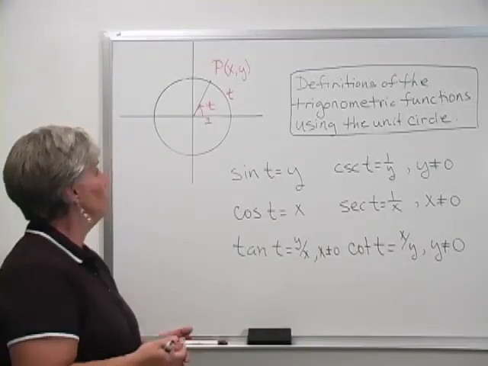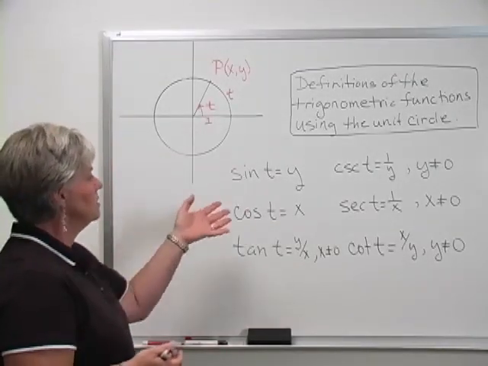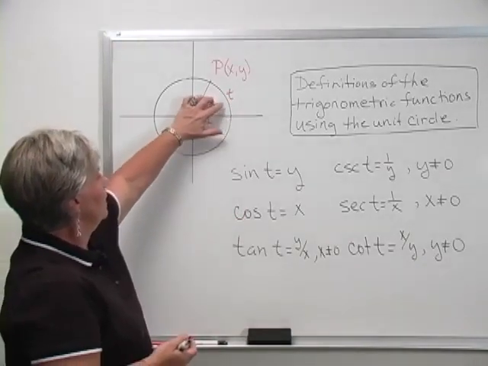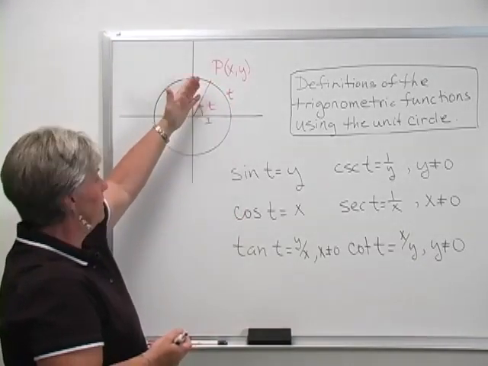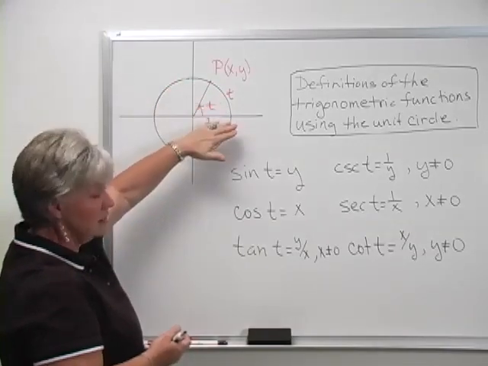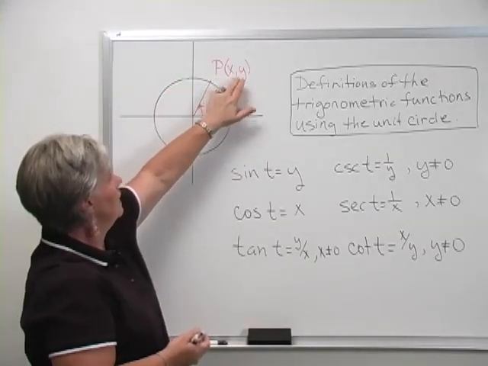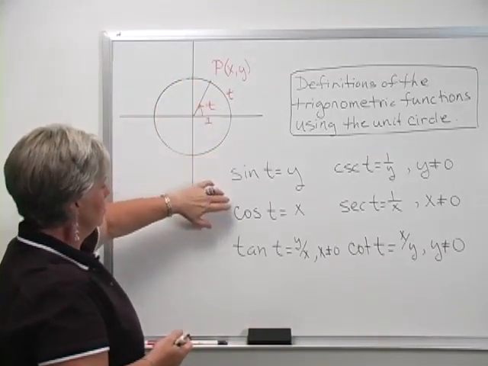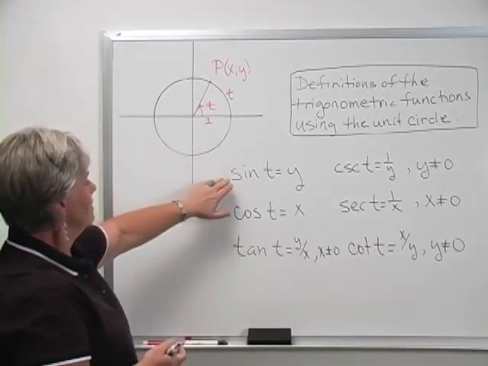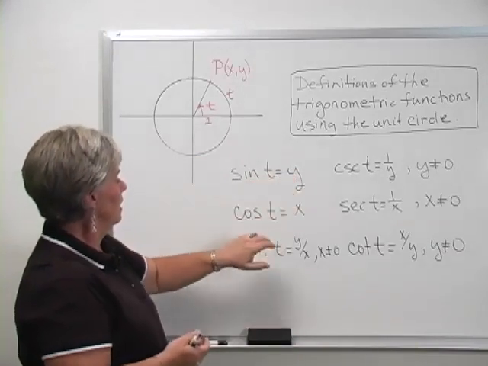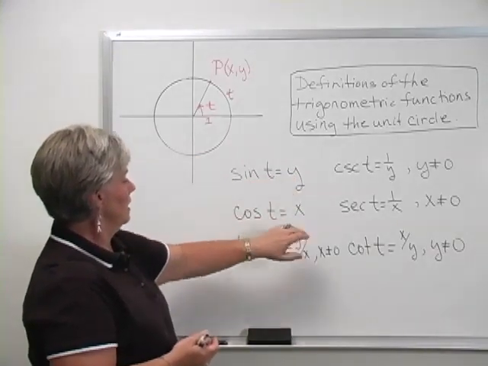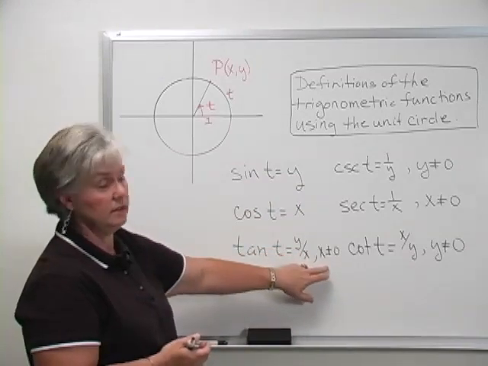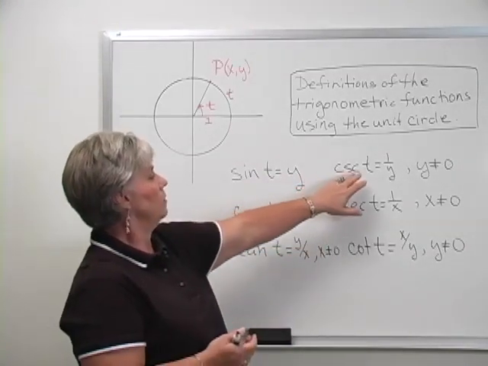Okay, so now we're able to define all 6 of the trigonometric functions using the unit circle. We have for any real number t, now remember it can be positive, it can be negative, it can be 0, and a point P(x, y) that corresponds to this real number t, we define our 6 trigonometric functions as: the sine of t is equal to y, the cosine of t is equal to x, the tangent of t is equal to y over x, but x cannot be 0, and then we have the reciprocal functions.